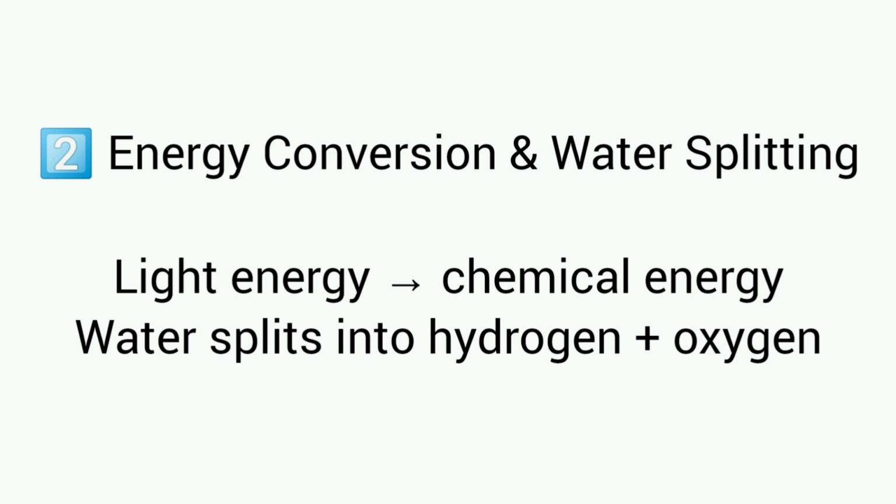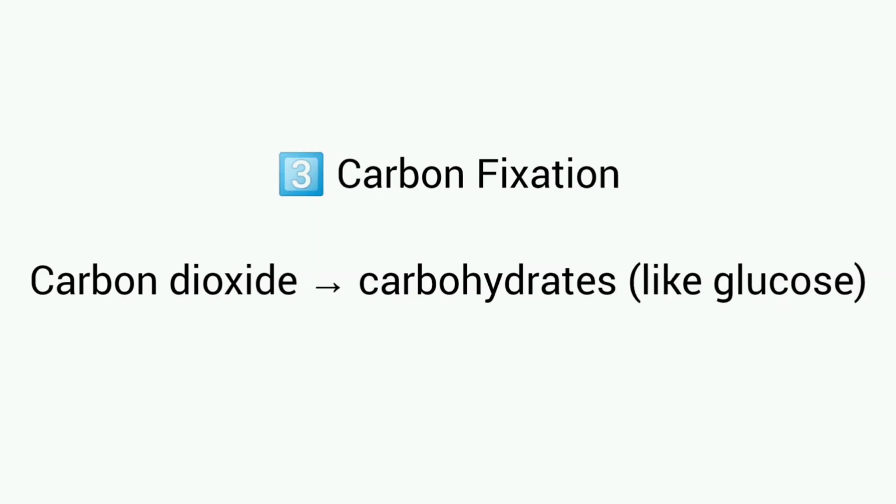Here the sunlight captured by the chlorophyll is converted into chemical energy, that is, light energy is converted into chemical energy, and the water molecules absorbed by the plant from the soil are split into hydrogen and oxygen. That is the second step. And the third step is reduction of carbon dioxide to carbohydrates.